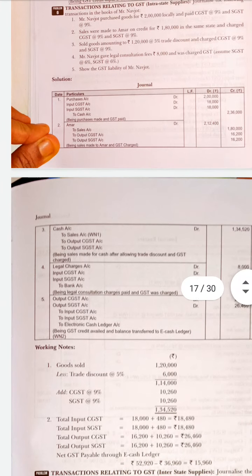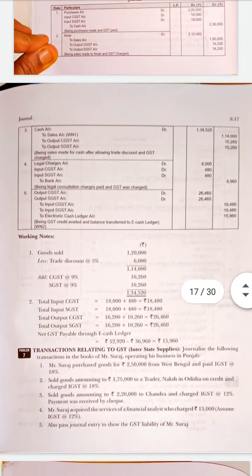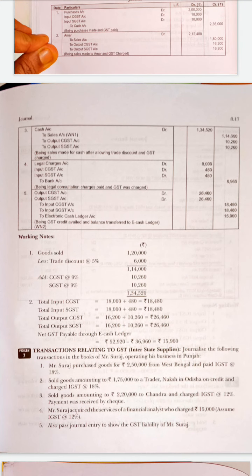Okay, so come to the fifth one. We finished writing the journal entry, that is output CGST account. What is the total amount? 26,460. Output SGST account 26,460. To input CGST 18,480. To input SGST 18,480. Adding the amounts, you have to find the balance amount.